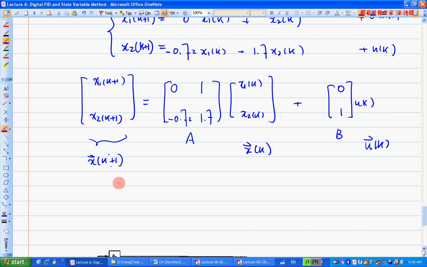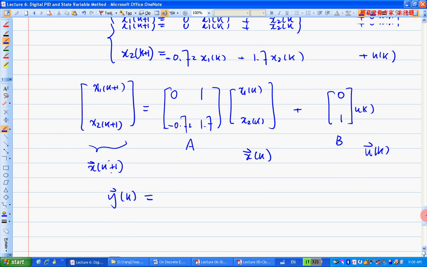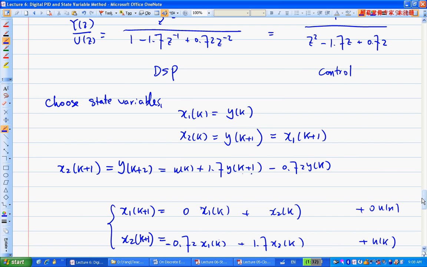Okay, so we have one more thing in terms of the state space model. We're dealing with the output. So you look at the output here. Where's the output? The output y of k equals x1 of k, right? So the output is essentially the first state variable. Okay, so the first state variable represents the output.